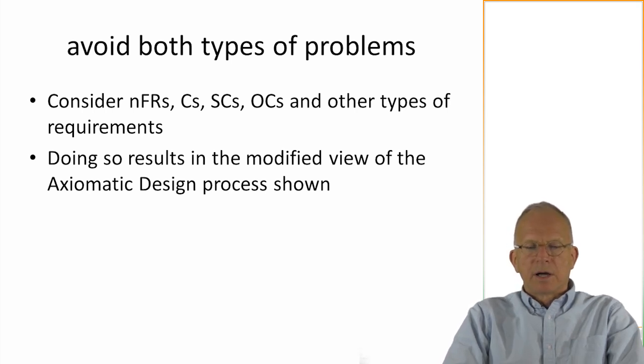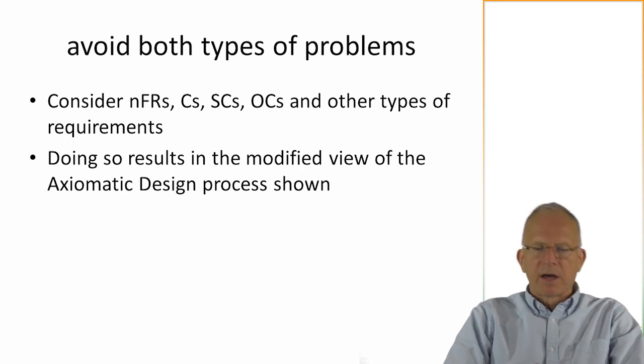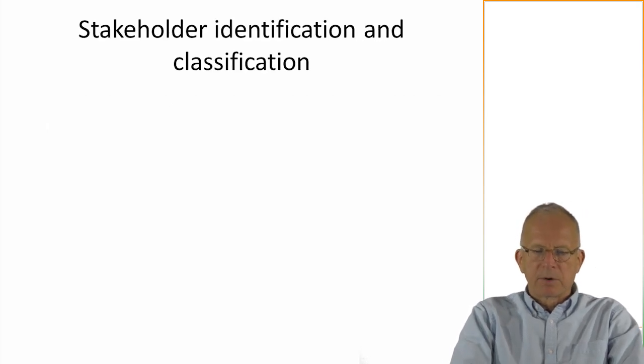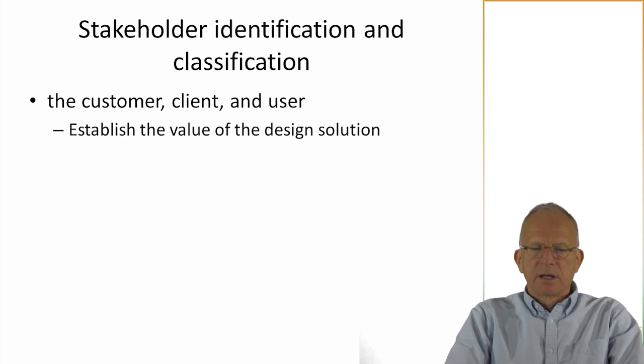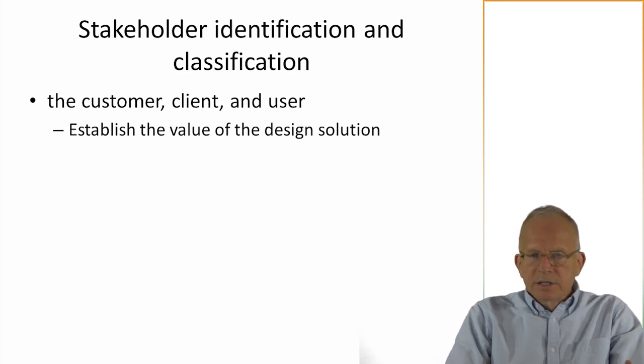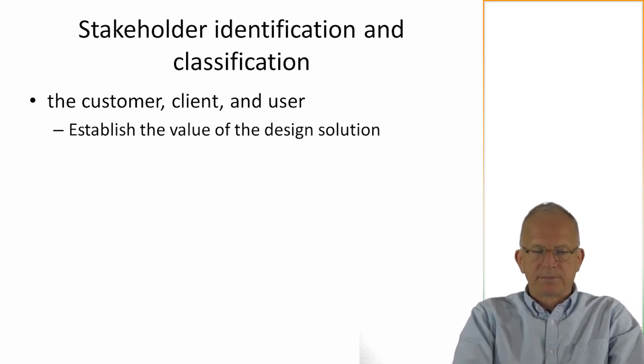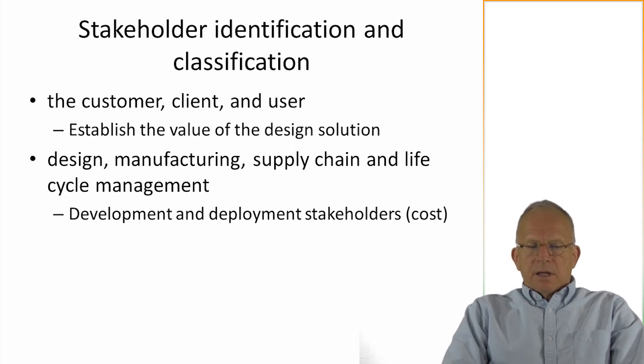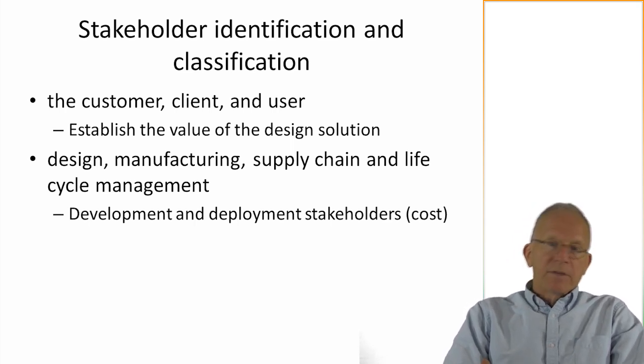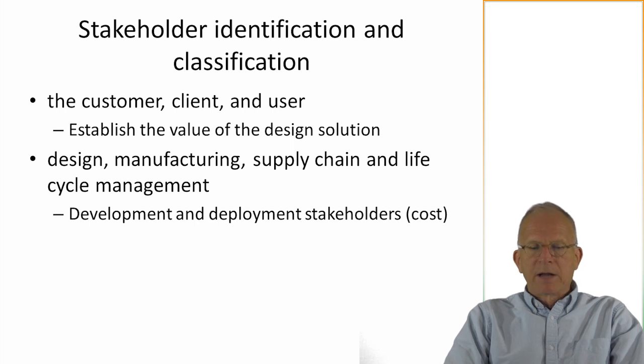And so we have a slightly modified view then of the axiomatic design process. So stakeholder identification and classification. So we've got perhaps 3 different people in the customer, client, and user. So this needs to establish the value in the design solution. So also we have the design, manufacturing, supply chain, and life cycle management.